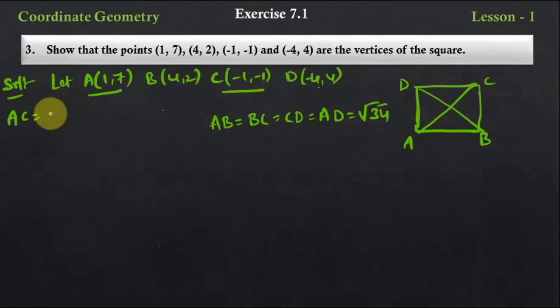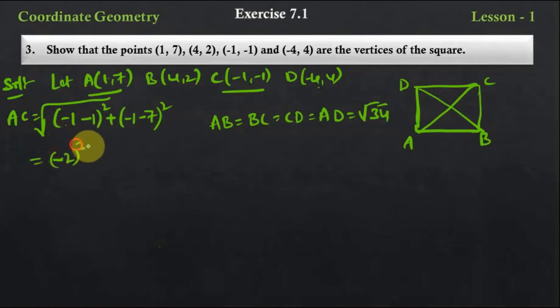Minus x2 is here, minus 1, minus again x1 is 1 only, whole square, plus y2 is again minus 1, minus 7, y1 is 7, whole square. So minus minus, both have minus signs, minus 1 is total minus 2, whole square.